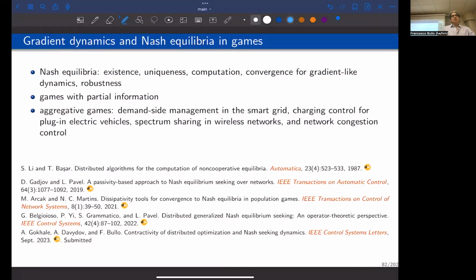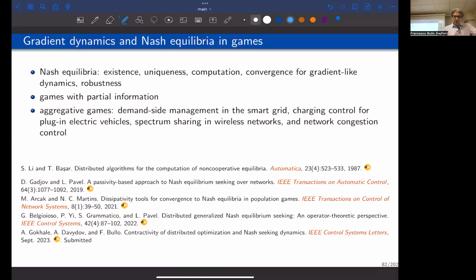Because if they are contracting, then the Nash equilibrium exists. It's unique, and the dynamical system that I am designing will converge geometrically or exponentially fast in discrete and continuous time, respectively. And on top of that, it will have all of these robustness properties, including the incremental ISS and so on and so forth that we've been discussing.